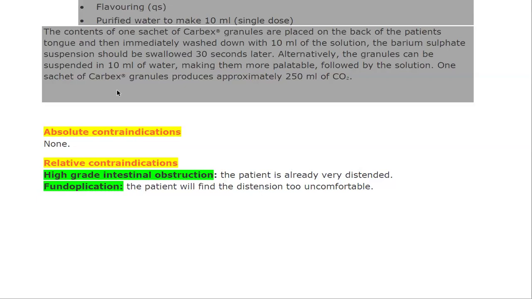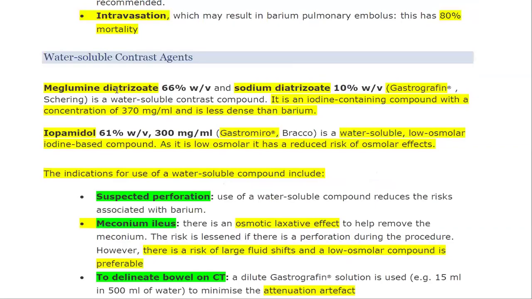So you may induce rupture in this high-grade obstruction. So if you have a high-grade intestinal obstruction, you are not going to use carbon dioxide as an agent for your investigation. If the patient has a fundal duplication, it's also uncomfortable for him to be given a gaseous contrast agent.